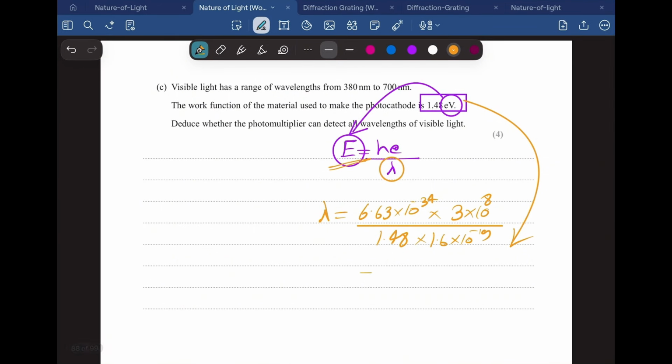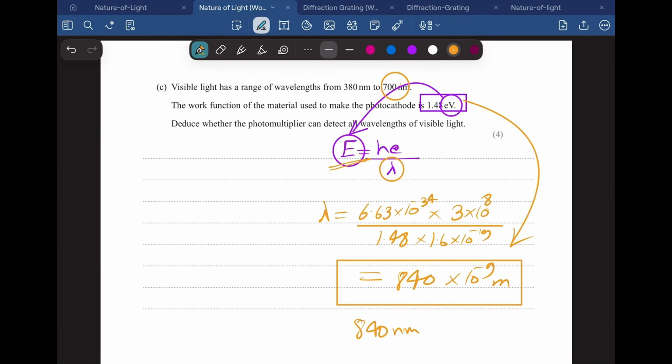This will give us the value of wavelength to be 840 × 10^-9 meter. So this wavelength is definitely greater than the wavelength value that must be right there. So 840 nanometer is greater than 700 nanometer.